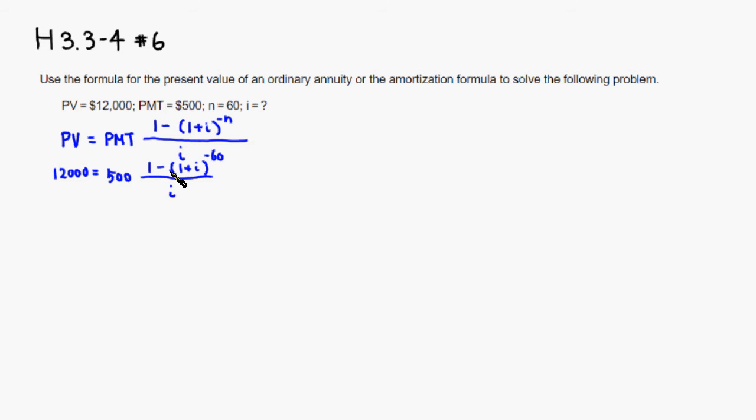Alright, so we want to solve this equation for I. But this is actually a pretty difficult equation to solve. So what we can do is try to simplify as much as we can. For example, we can divide both sides by, say, 100, and so you can knock out those two zeros.